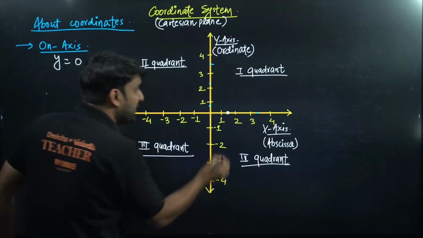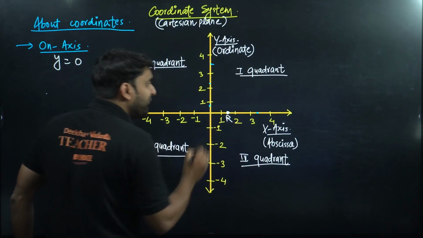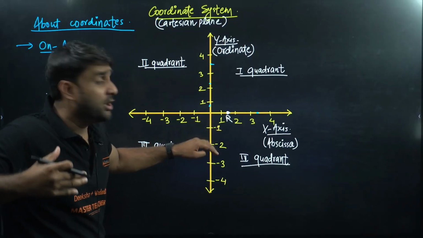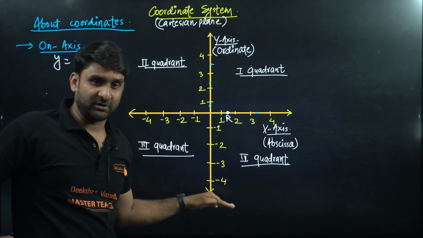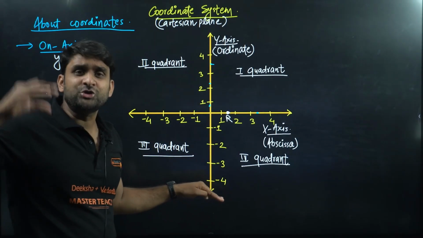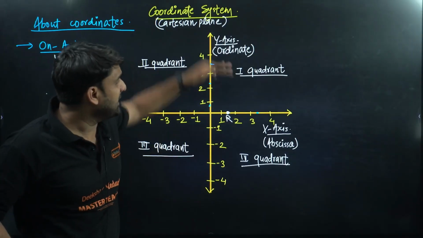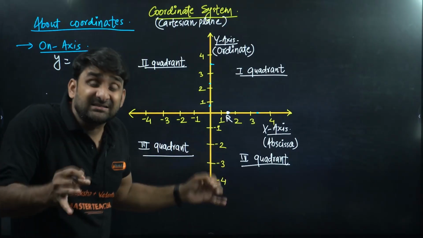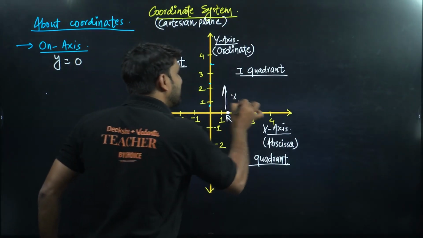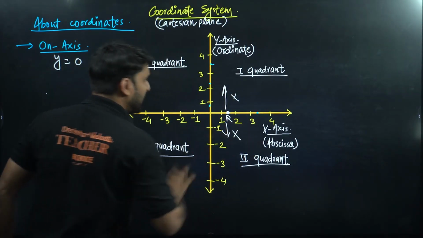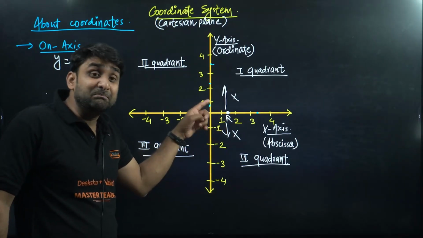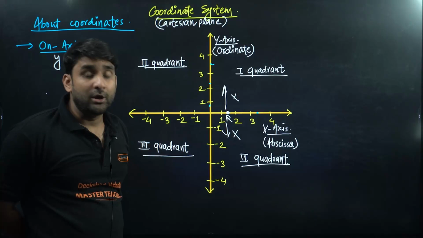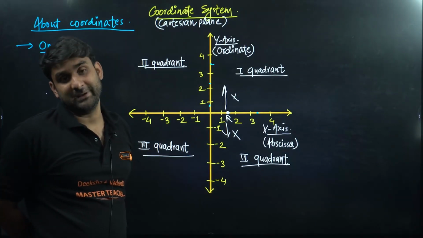If the point R is itself on the x-axis, there is no sharing of any part of R in the upward direction or in the downward direction. The complete R is lying on the x-axis itself. So in this direction nothing, and in the downward direction nothing. So R is completely on the x-axis, so the y coordinate will become 0.